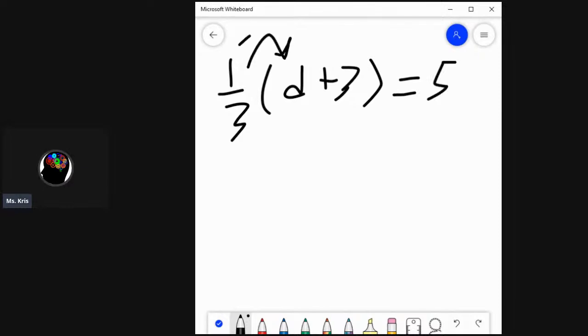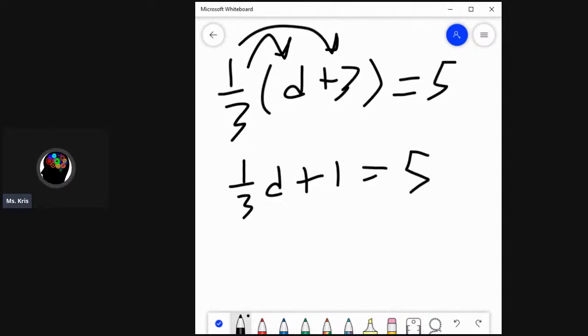Distributing, that would have been 1/3 d, and 1/3 times 3 would have been plus 1, because 1/3 of 3 is 1, and that equals 5.